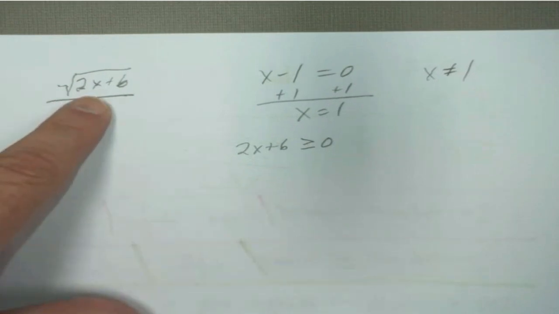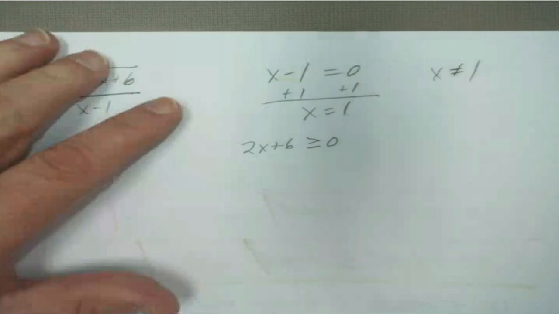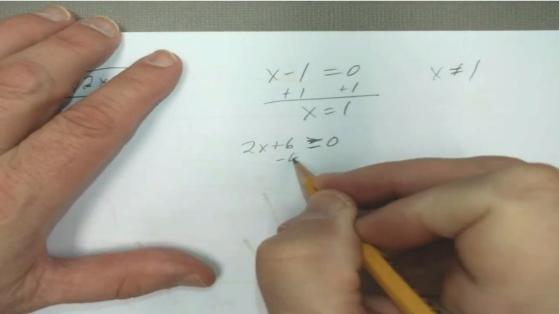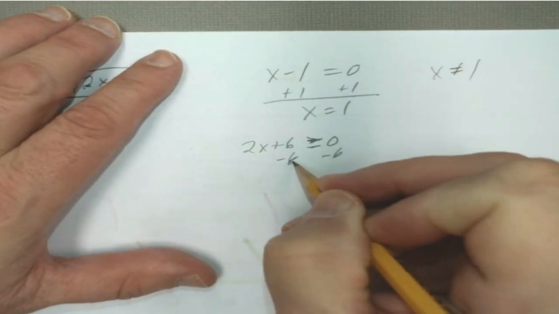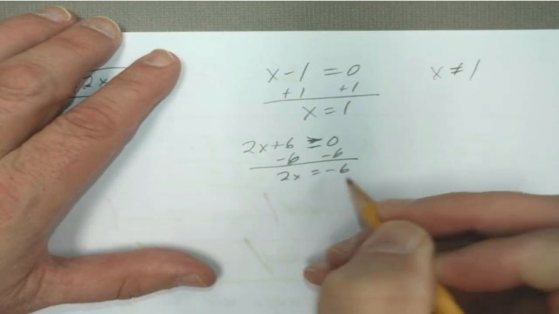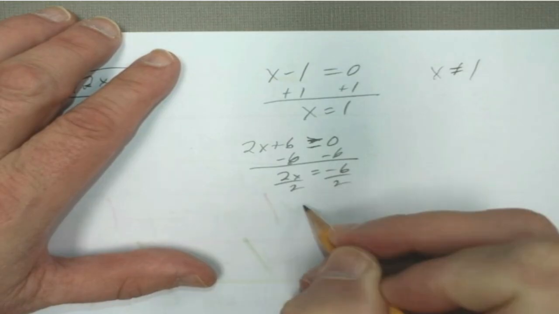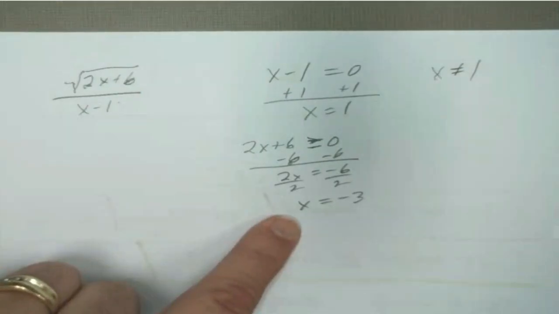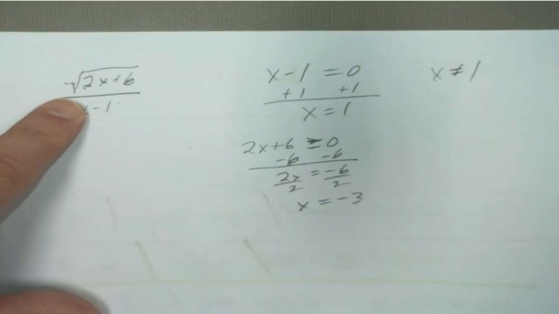So what number would be the smallest possible number? When this is equal to 0, let's just set it equal to 0. Subtract 6. 2x is on this side, negative 6. Divide by 2. So when x equals negative 3, this would be 0.